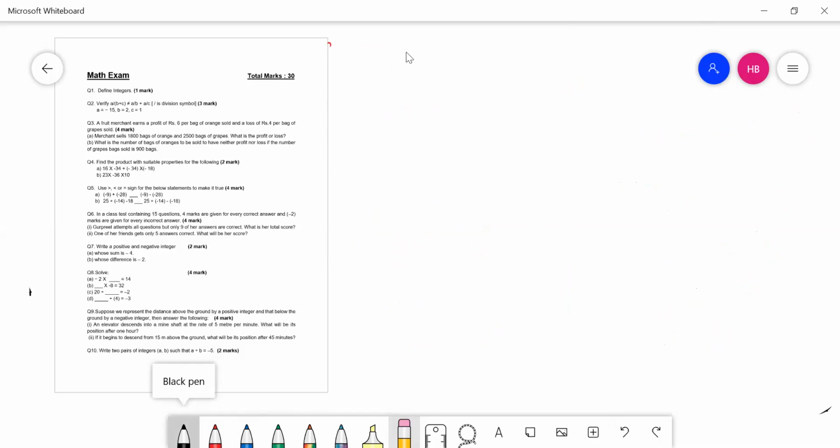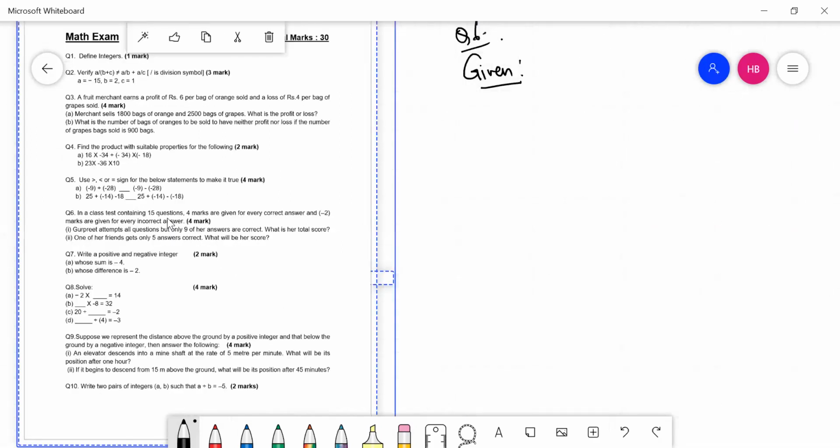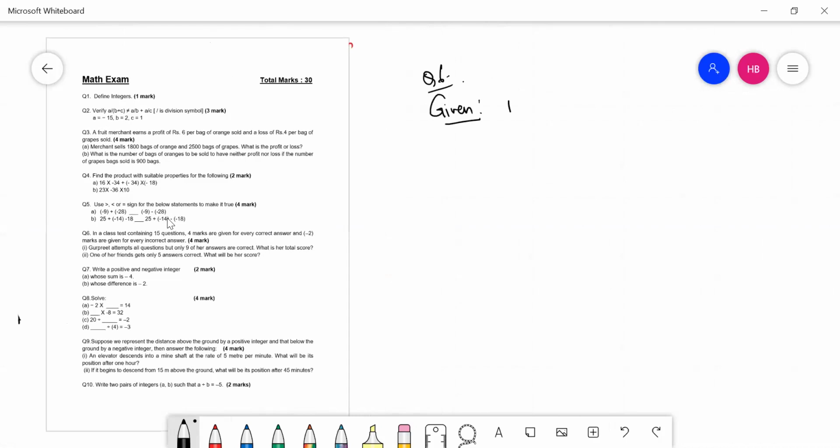What is given in question number 6? Gurpreet attempts all questions in a class test containing 15 questions. So how many questions is she doing? 15 questions, and 4 marks are given for every correct answer and minus 2 for every incorrect answer.